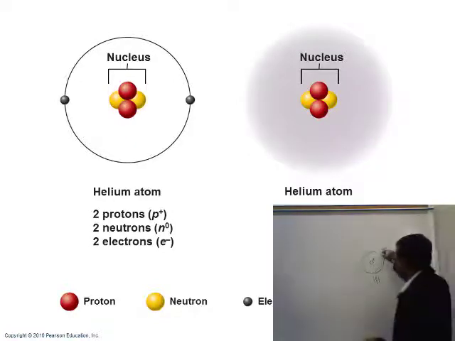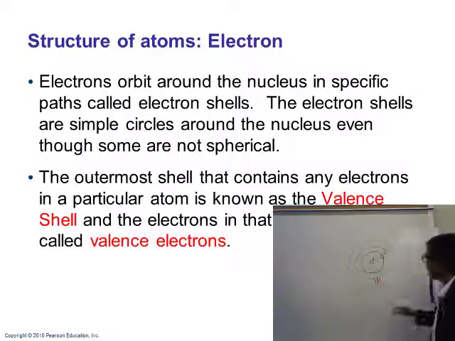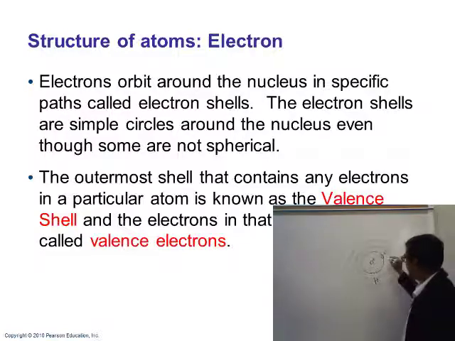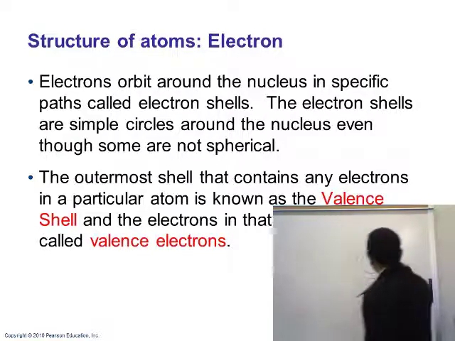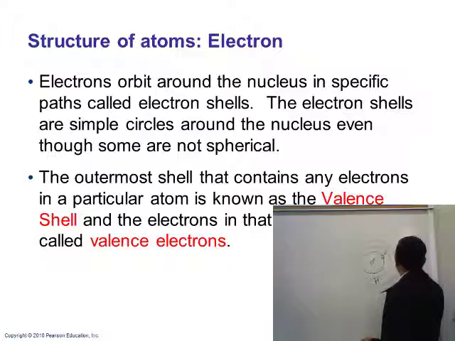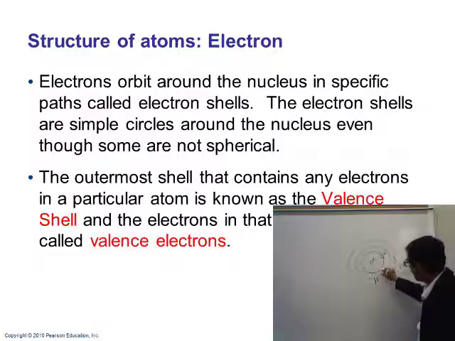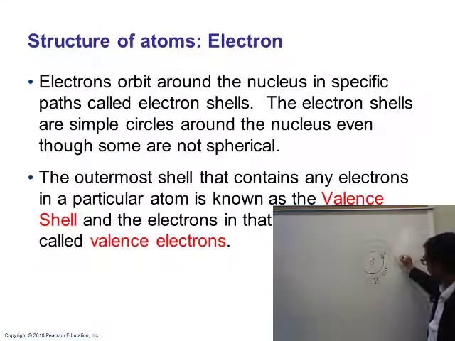An atom could have only one shell or more than one shell. If an atom has more than one shell, for example, this one has 3 shells, the outermost shell is called the valence shell, and the electron can be present in all those shells. Those electrons present on the outer shell, on the valence shell, are called the valence electrons.